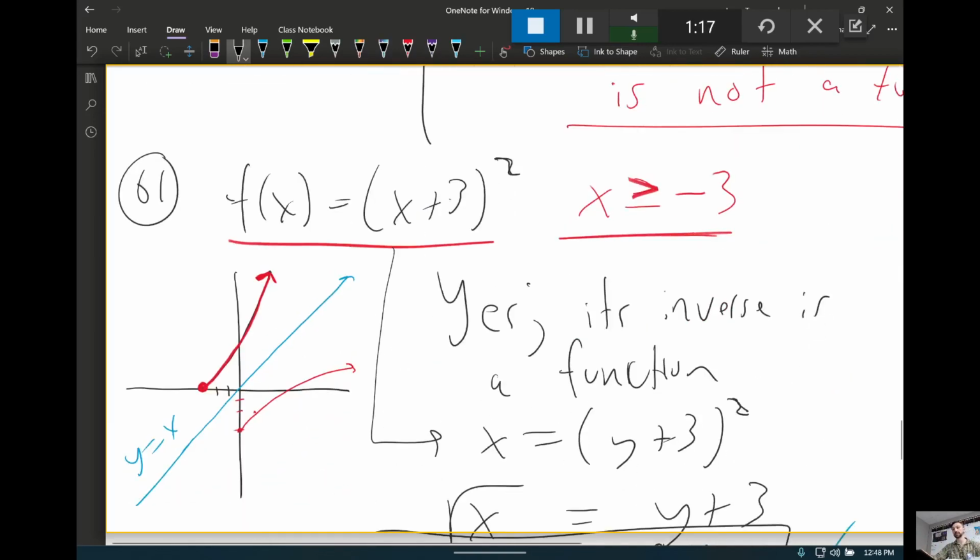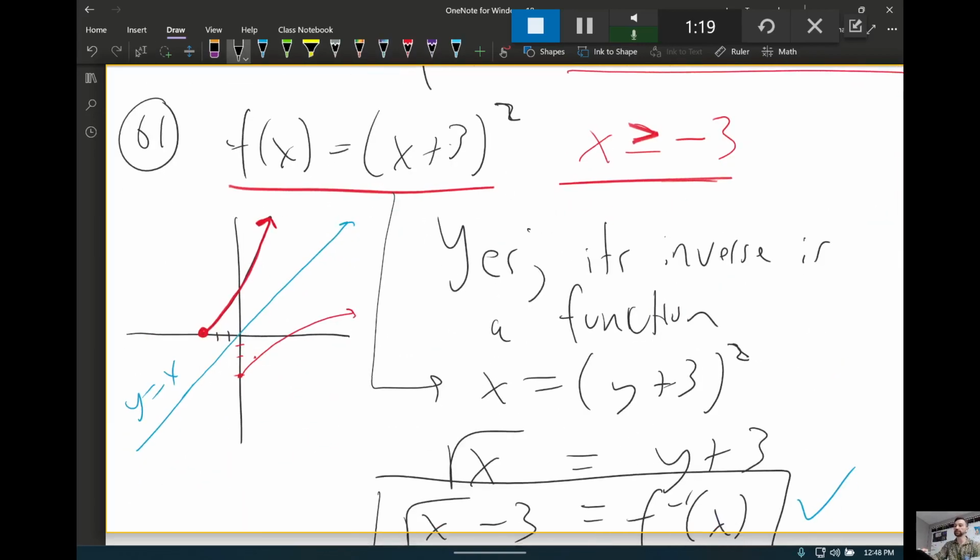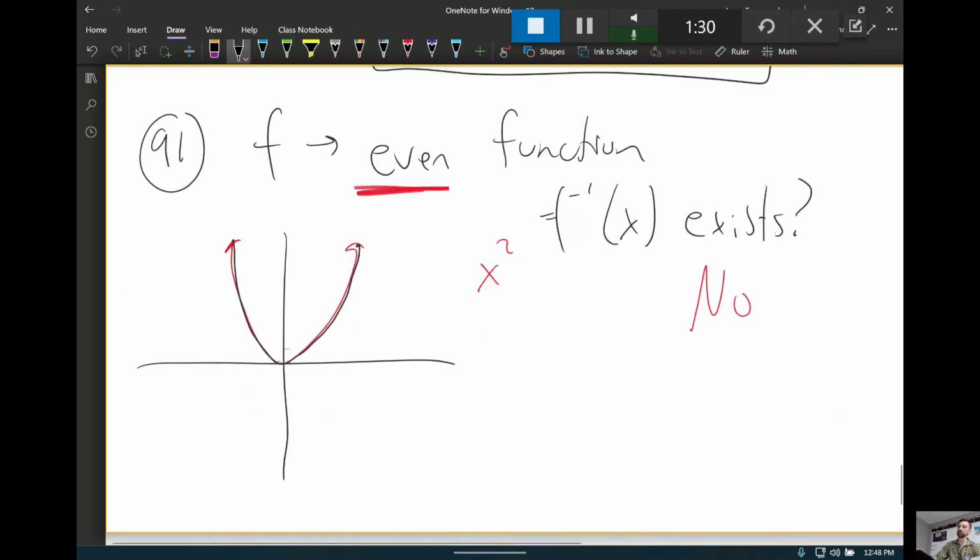Sometimes, if you restrict the domain and just choose to look at part of the graph, then you can make an even function do that. But by default, an even function is symmetric to the y-axis, so it doesn't pass the horizontal line test, and if it doesn't pass the horizontal line test, the inverse is not a function.